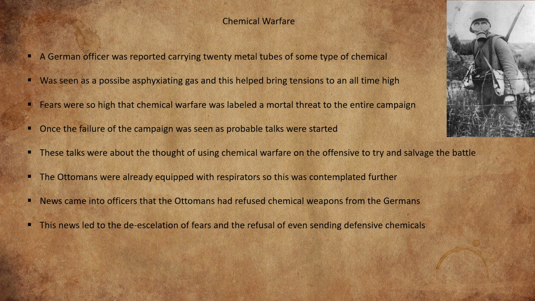This was seen as a possible asphyxiating gas, such as tear gas or mustard gas, and this helped bring tensions to an all-time high because this proved that the Germans had the chemical weapons and were willing to use them.